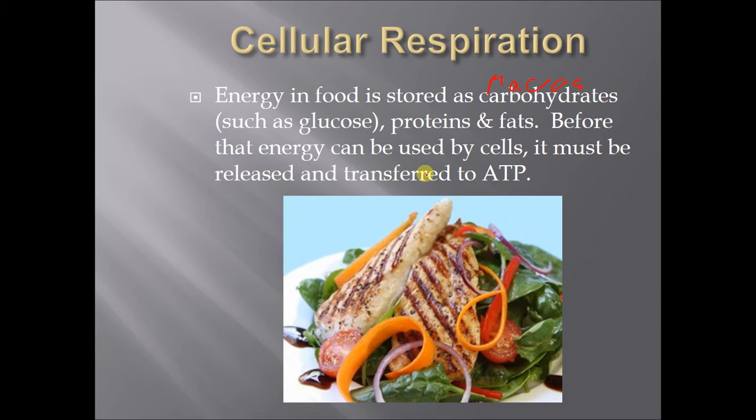Before that energy can be used by the cell, we have to convert it to ATP through cellular respiration. So cellular respiration converts the energy stored in these molecules into ATP, or adenosine triphosphate, like we talked about last time.